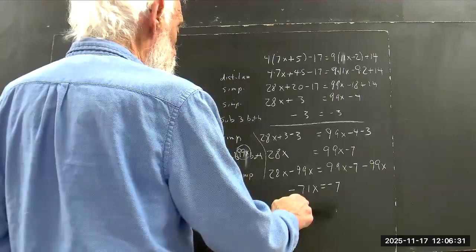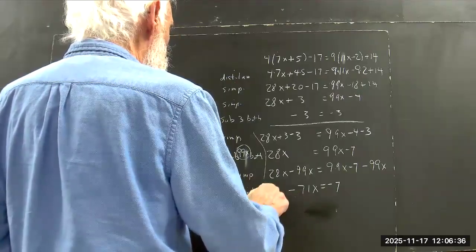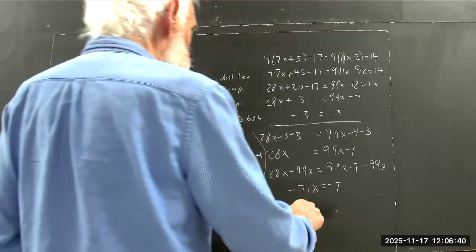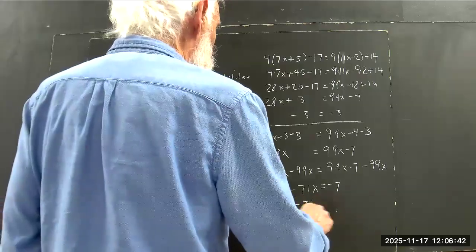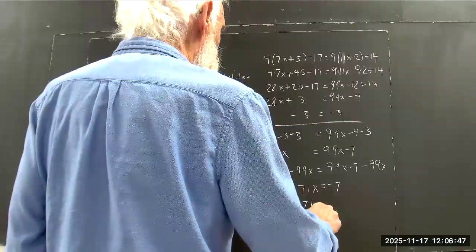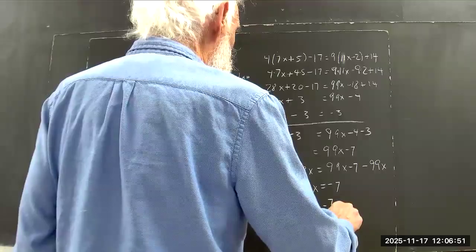We simplify this and get this. Divide both sides by negative 7. We get 71x over negative 7. 71x over negative 7 equals negative 7 over negative.